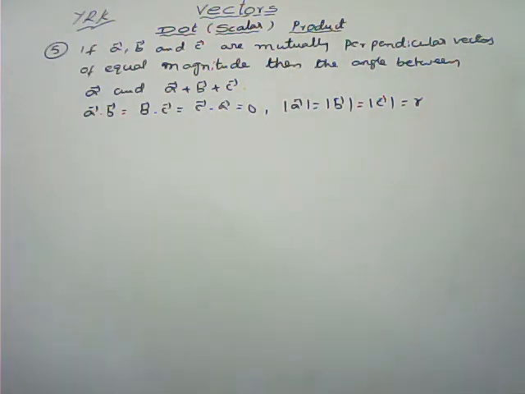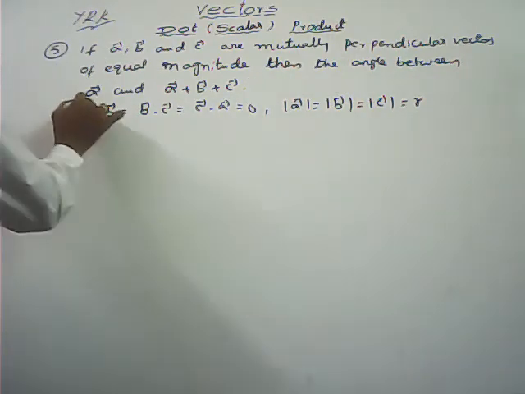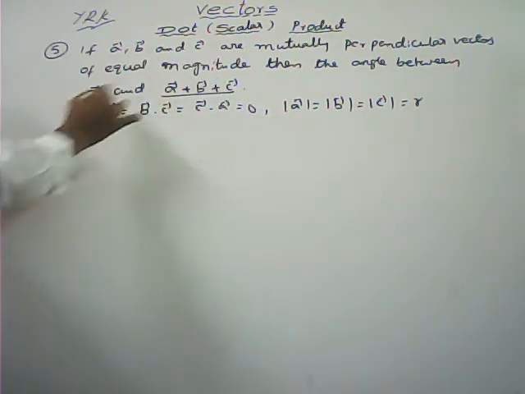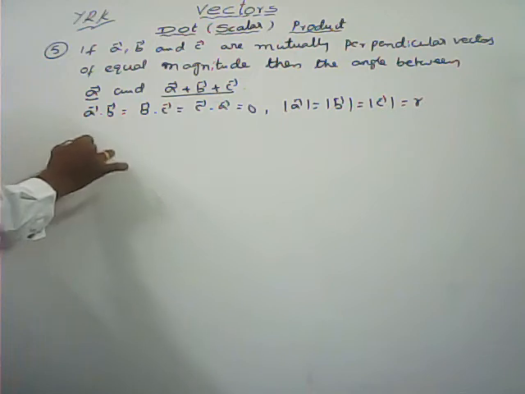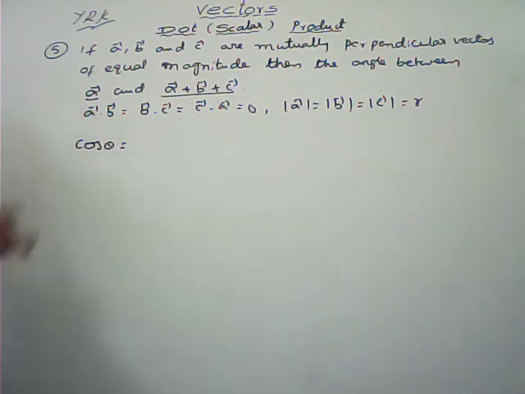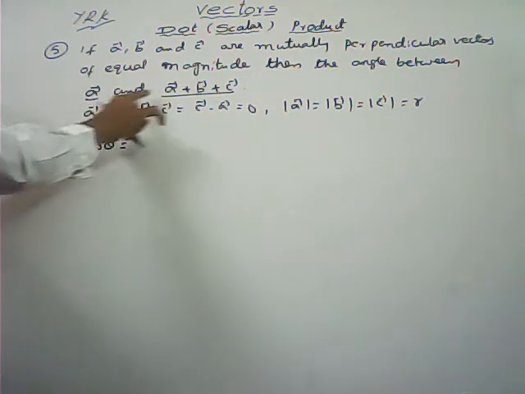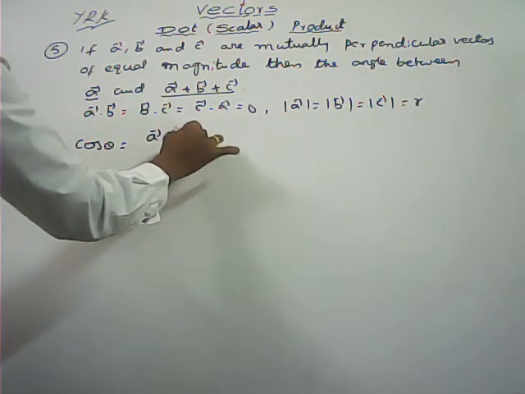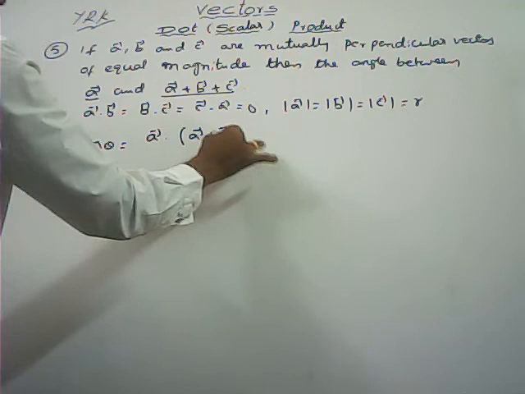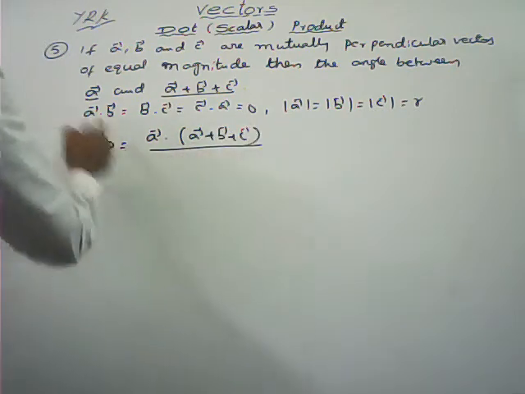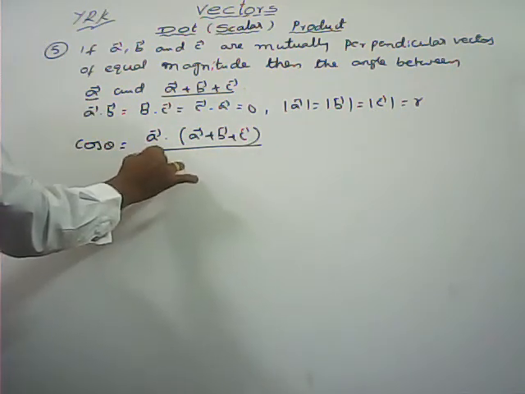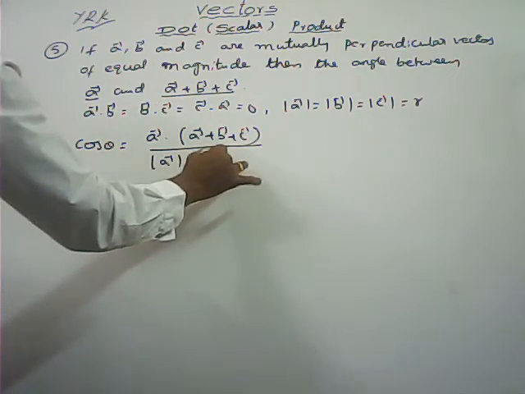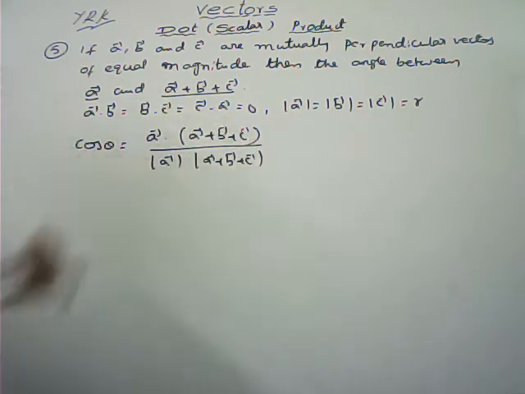Then the angle between these two vectors I want. The angle between these two vectors I am taking theta. Then cos theta is equal to, what is the formula? Dot product of these two, A bar dot (A bar plus B bar plus C bar), whole by modulus of this one and modulus of this one, modulus of A bar plus B bar plus C bar.